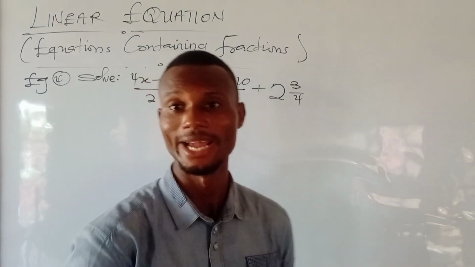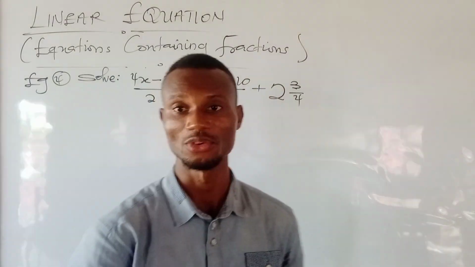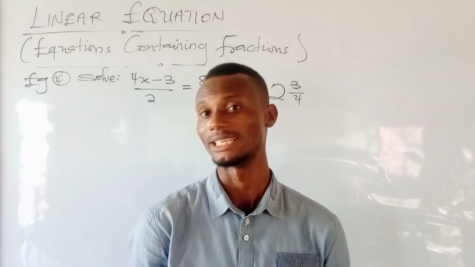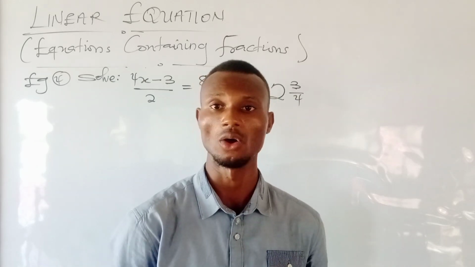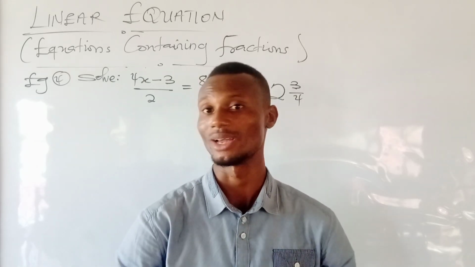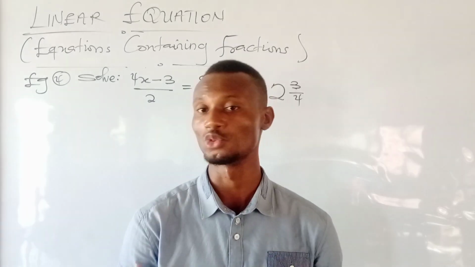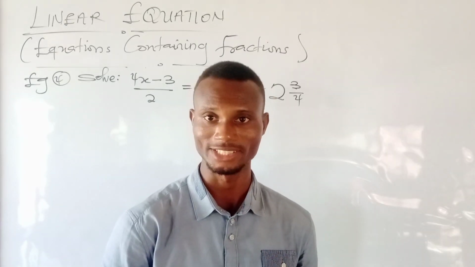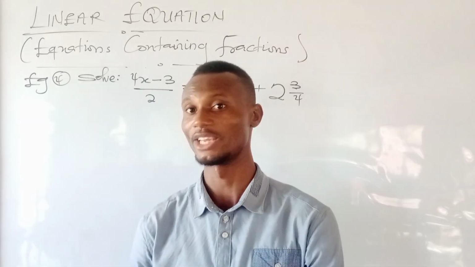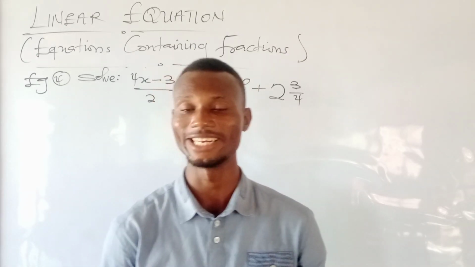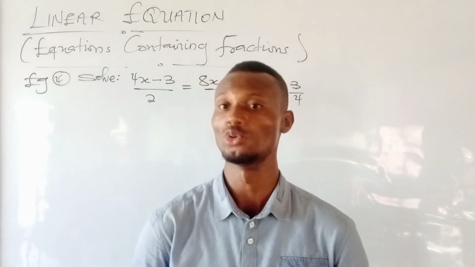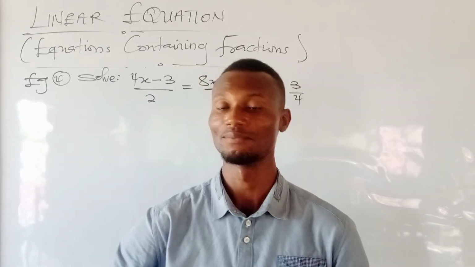Before we solve this, note that anytime you have a mixed fraction in an equation, or any expression that you are simplifying, the first thing to do is change all the mixed fractions to improper fractions. I've explained in the previous videos that with an equation containing fractions, you multiply through by the LCM.